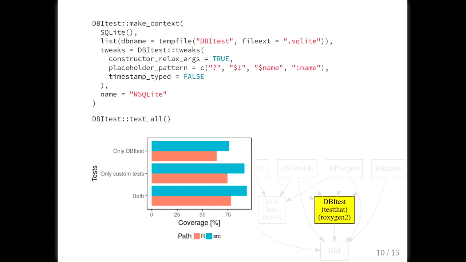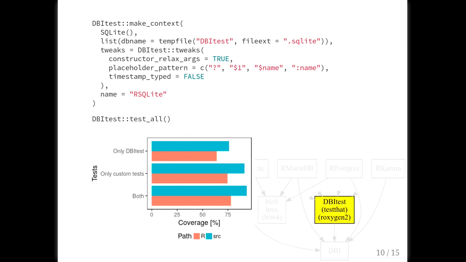For instance, our SQLite just doesn't have date and time data types. So we give it a tweak which tells, okay, we don't have typed timestamps, and the tests adapt to this. When run as part of your test suite, this will execute everything adapted with the tweaks and tell you whenever something's wrong.